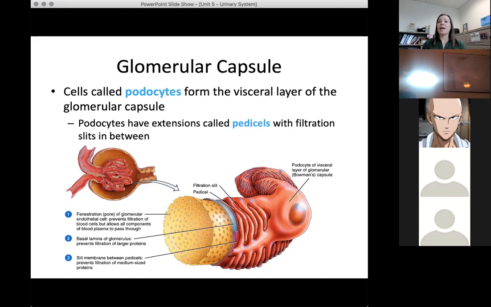Those cells have what are called pedicels, which are thin extensions. That's actually what you're seeing here. These are thin extensions that wrap around the capillaries of the glomerulus. These extensions wrap, kind of like fingers, around the capillaries.